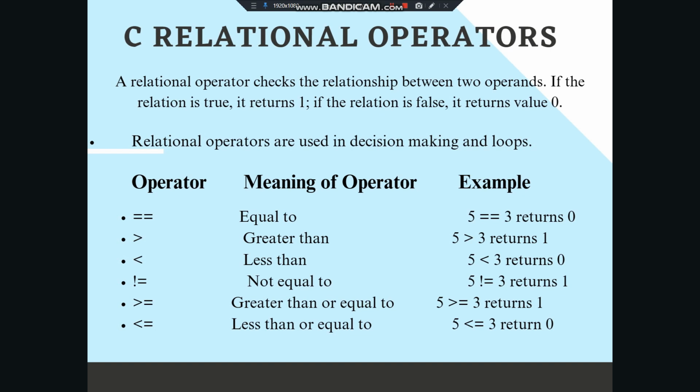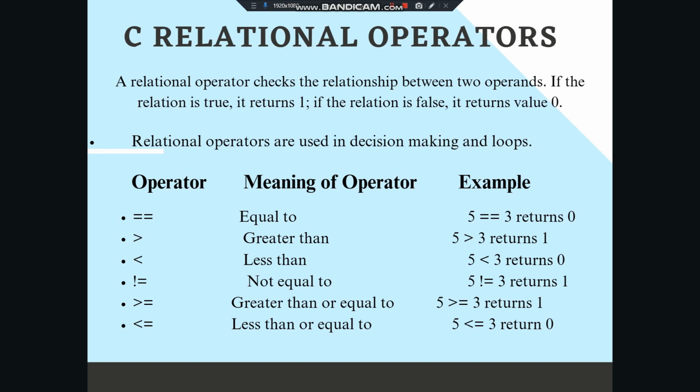We can see the examples. 5 equal to 3 is written 0, that means 5 is not equal to 3, so it returns 0 since the condition is false. 5 greater than 3 returns 1 since 5 is greater than 3, it's true. 5 less than 3 is not true, that means it's false, so it returns 0. 5 not equal to 3, the condition is true, so it's 1. 5 greater than or equal to 3, if either of the conditions is satisfied, it returns 1.